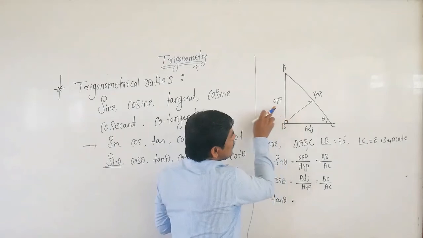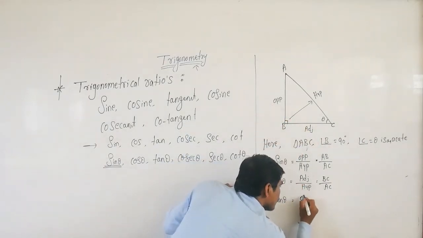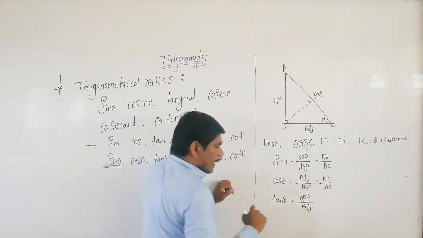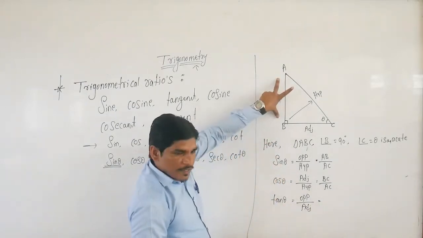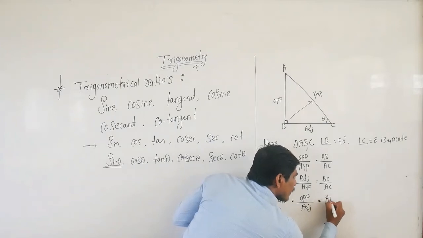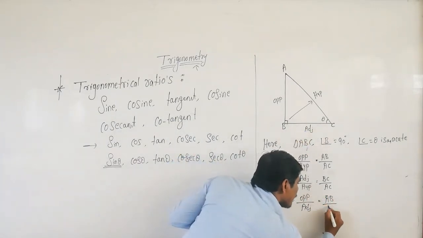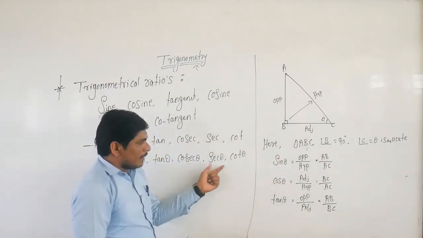Tan theta definition is opposite by adjacent. The ratio of the opposite side and the adjacent side is called tan theta or tangent of theta. In this figure, the opposite side AB divided by the adjacent side BC.